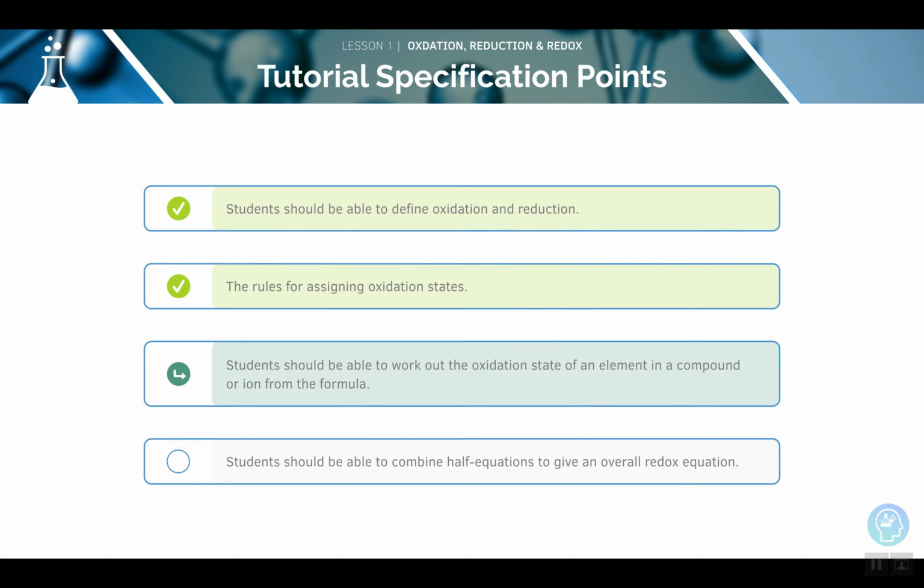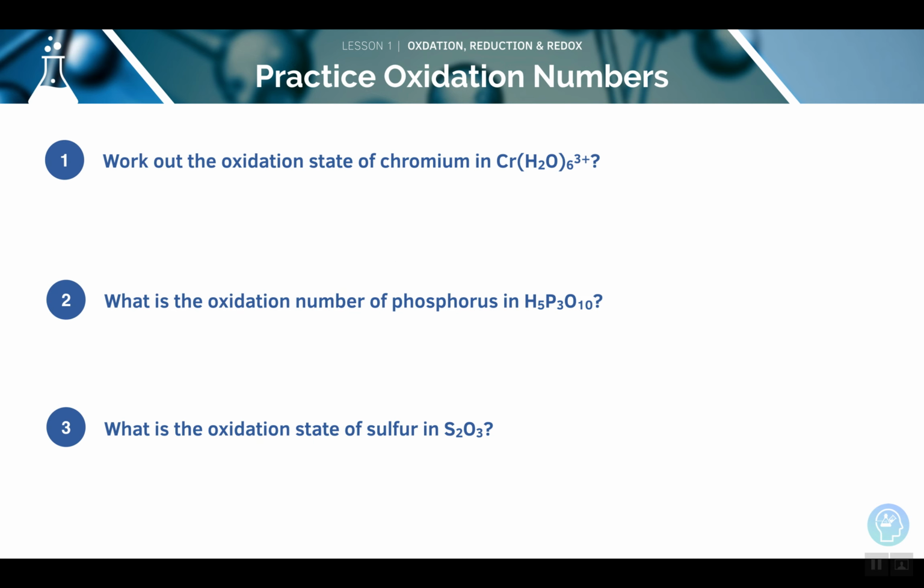Our next specification point is to work out the oxidation state of an element in a compound or ion. This is an ion in question 1, so the sum of the oxidation states is equal to the charge on the ion. There is a shortcut for working out oxidation states in complex ions like this, where the metal atom is surrounded by electrically neutral molecules like water or ammonia.